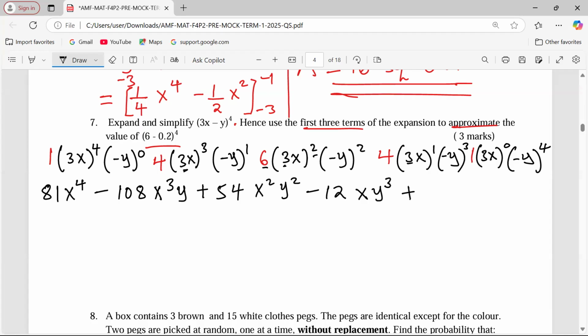Finally, we will have to add, because negative y power 4 becomes y^4. After that, you discover that (3x)^0 becomes 1. So it will be 1 times y^4. You see now? The negative has disappeared. When we are raising a negative number to an even power, the negative disappears.